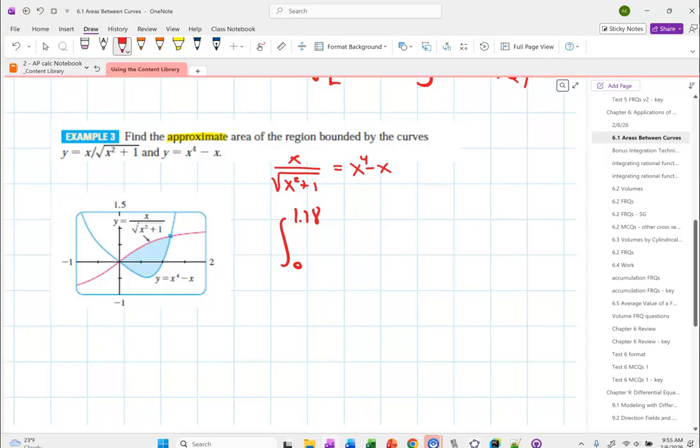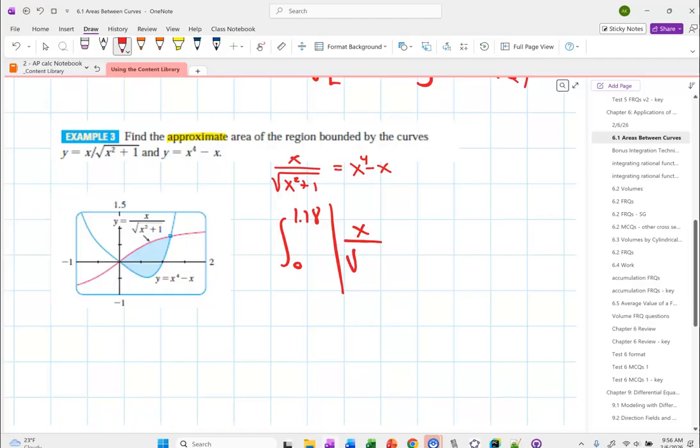And I don't even care about which one's on top and the bottom if I have the calculator. I'm just going to do an absolute value. If I do an absolute value around the whole thing, it doesn't matter which one's on top and which one's on bottom. The calculators can handle the absolute value just fine. It's a pain for us to do by hand, but the calculator doesn't care.